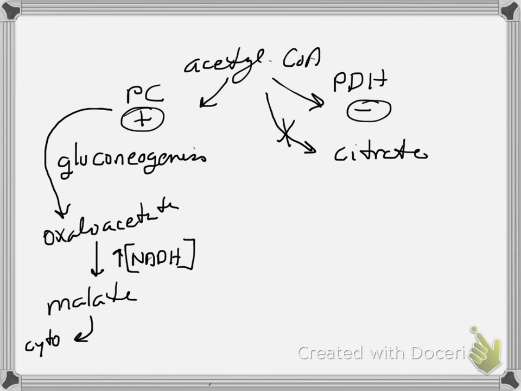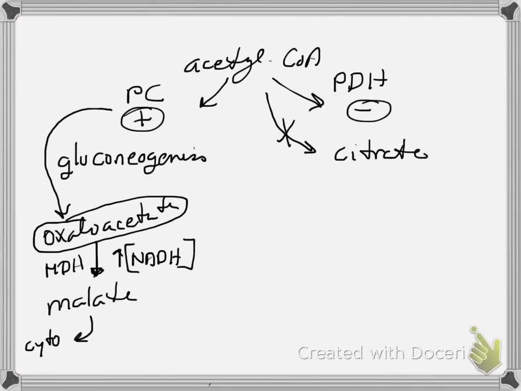So essentially, once the oxaloacetate is formed, it's immediately transformed into malate, which is disappearing rapidly from the mitochondria, which is going to push the malate dehydrogenase enzyme into the reduction direction to reduce oxaloacetate into malate.